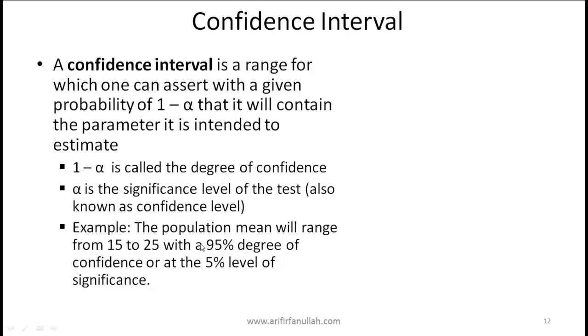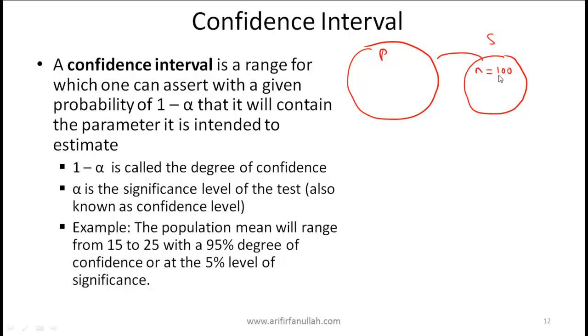Let's take an example. The population mean will range from 15 to 20 with a 95% degree of confidence, or at the 5% significance level. So the way we look at this is as follows. Going back to our example, we have our population with a million values, and then we draw a sample from this with n equals 100, and let's say that we come up with x bar equal to 20.